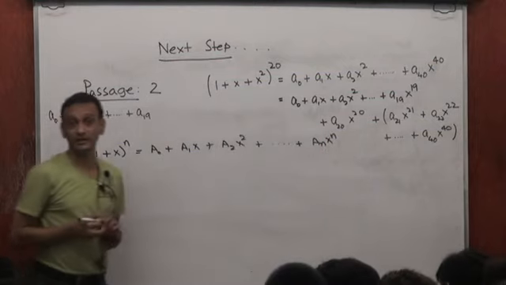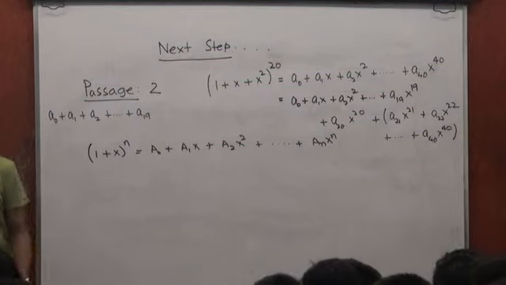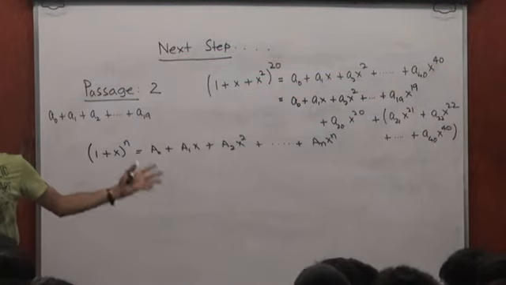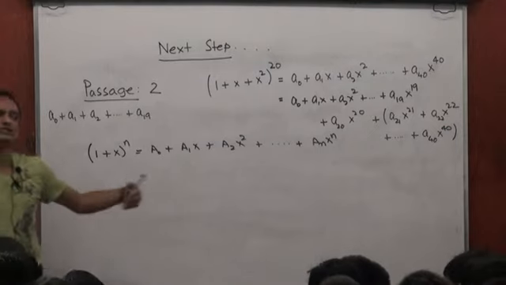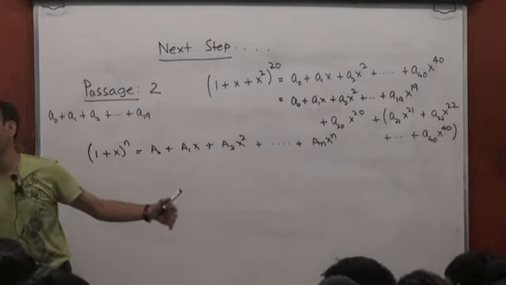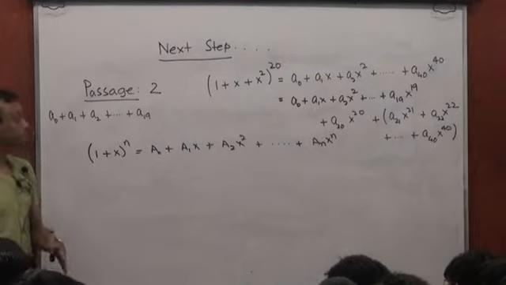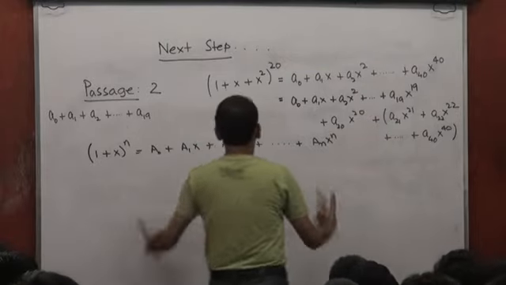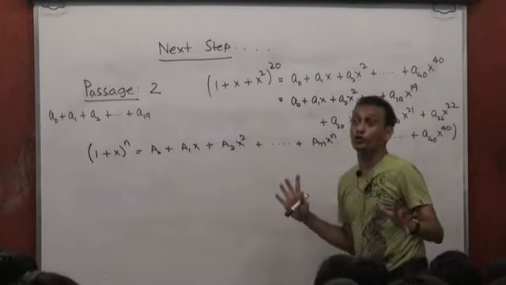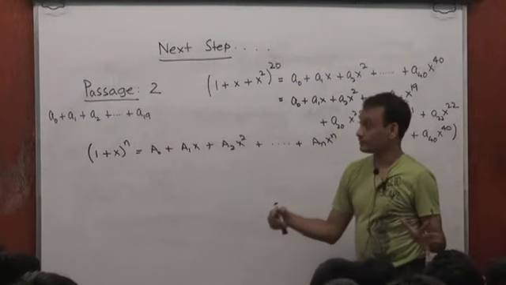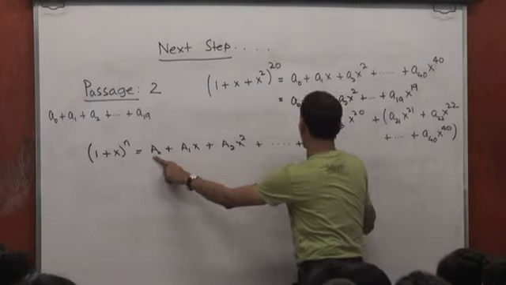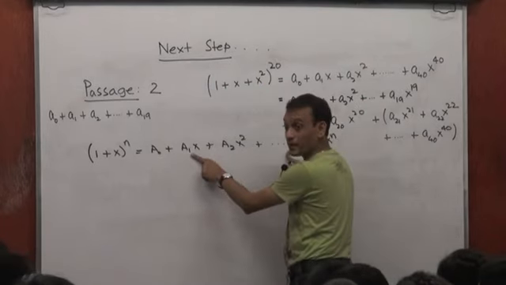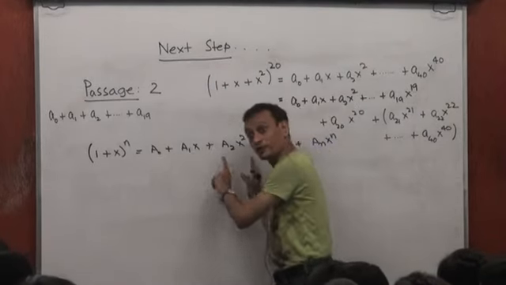Where a0, a1, a2 were all blind alleys for me, were unknown. I didn't have any knowledge of a0, a1, a2, a3. It was much later that I figured that a0 is c0, a1 is c1, and so on. But eventually, even without knowing what a0, a1, a2, an were, could I have established that a0 is the same as an, a1 is the same as a(n minus 1), a2 is the same as a(n minus 2)? I could have established that.